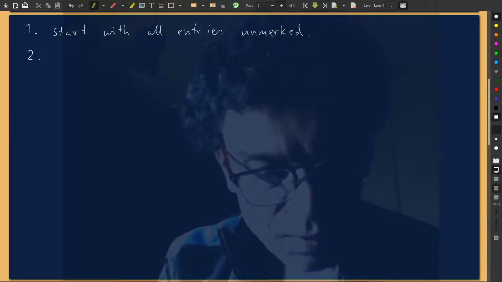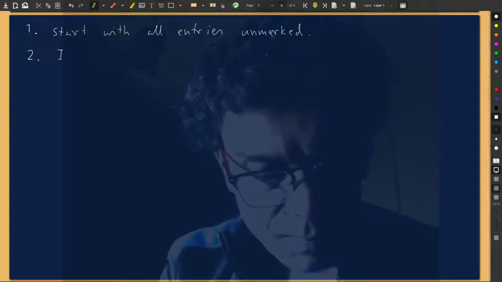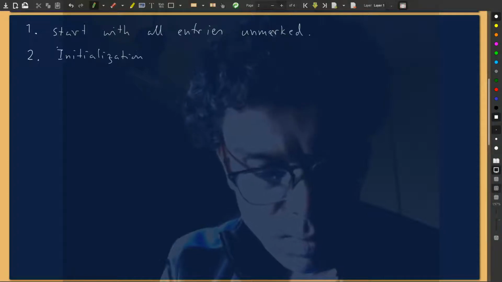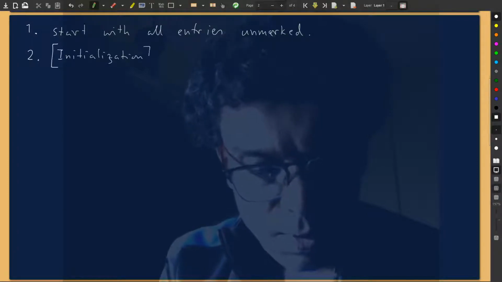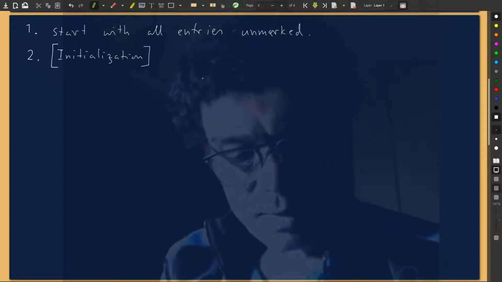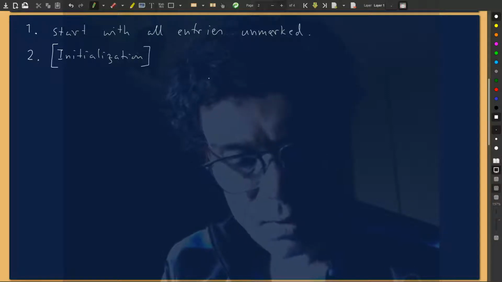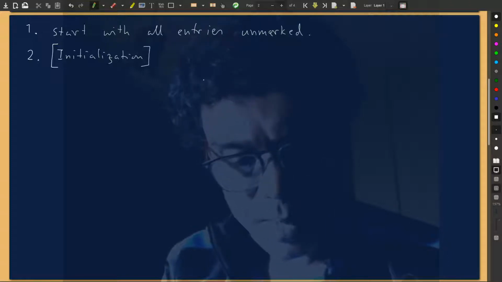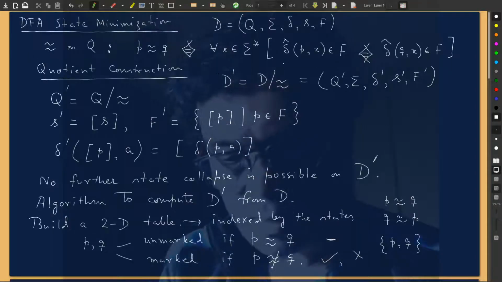Then I will do some kind of initialization. Recall that if P is a final state and Q is not a final state, or conversely, P is not a final state and Q is a final state, then they cannot be equivalent by definition, because for x equal to epsilon, this condition is not satisfied.